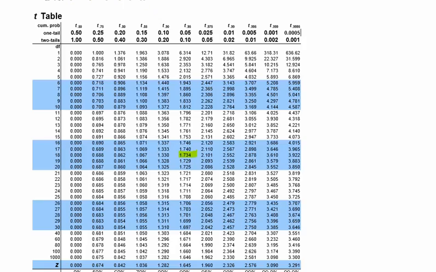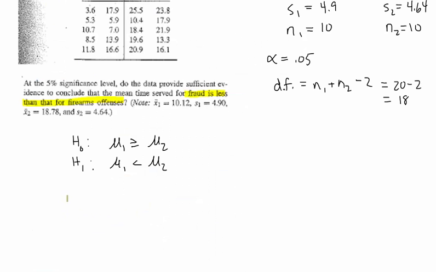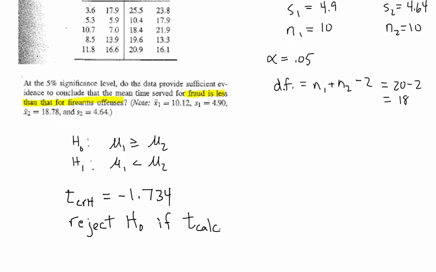And because we're left-tailed, we're going to say that it's negative 1.734. So t-crit is equal to negative 1.734. So we're going to reject H0 if t-calc is less than negative 1.734.